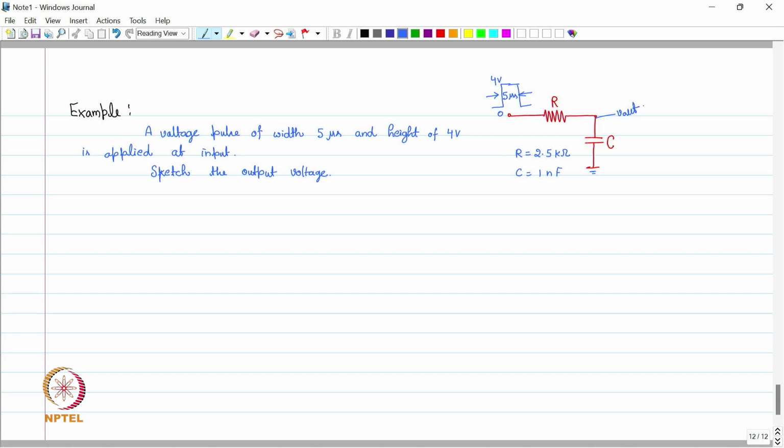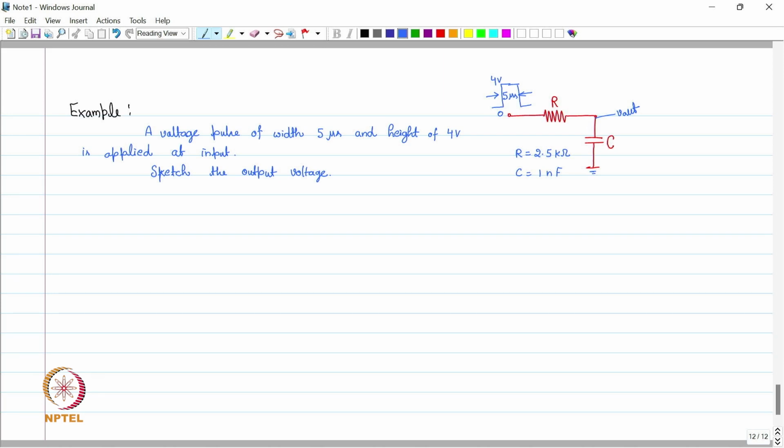So this can be solved using our RC charging equation. The output voltage will increase to approach the 4 volt, because when the input is transitioning from 0 to 4 volt, the output will try to reach this 4 volt, and the charging is governed by that RC time constant.